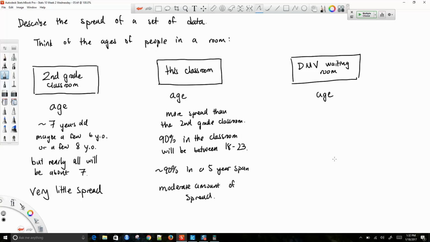We'll have teens, young adults, middle-aged people, seniors, and even some young kids, because they're accompanying their parents. So we have a high amount of spread as far as ages go.